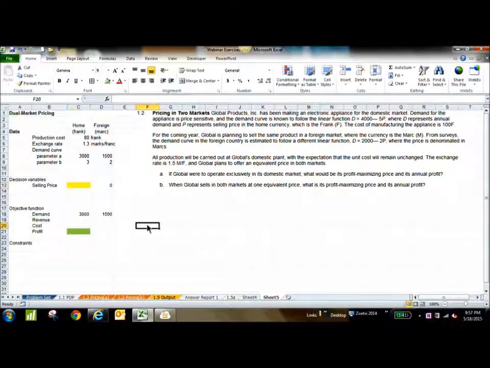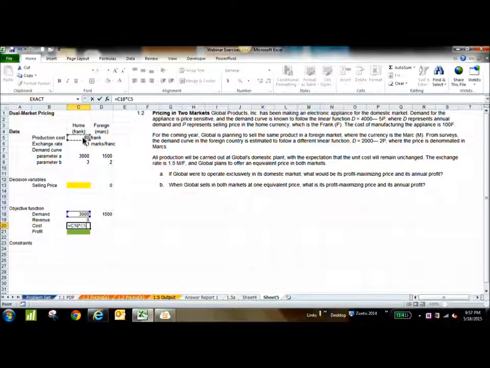So, fair enough. The revenue here is equal to what? This times demand times the selling price. This one times the unit cost.